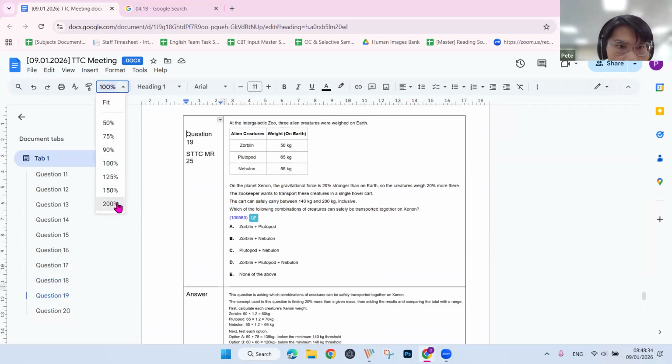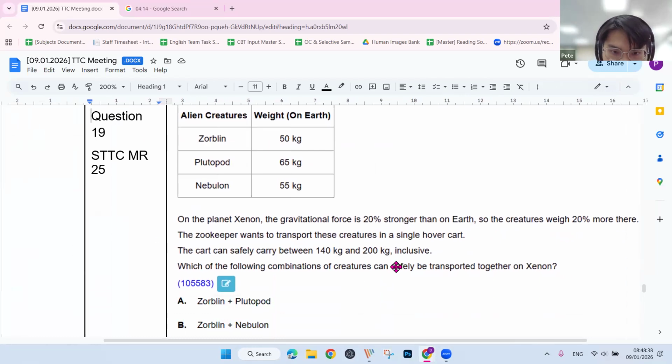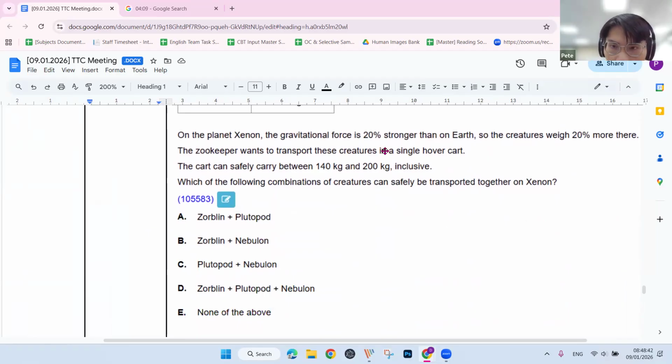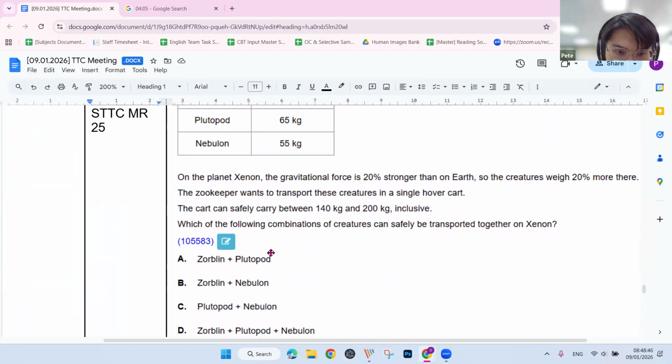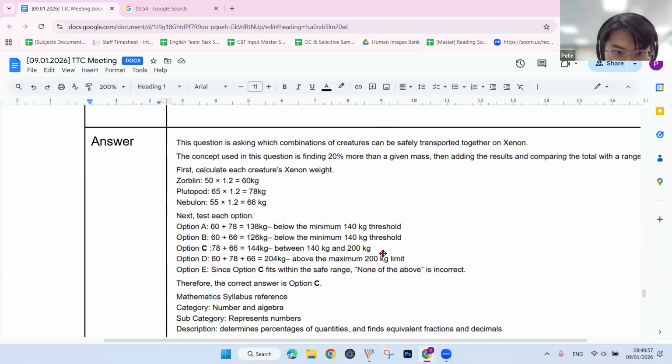So we move to the next question. In this question, we need to find which combination of creatures can be safely transported together on the planet Xenon. Safely transported means the weight should be between 140 kilograms and 200 kilograms inclusive.